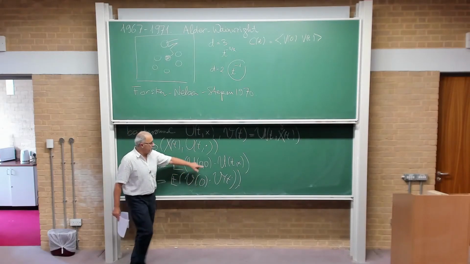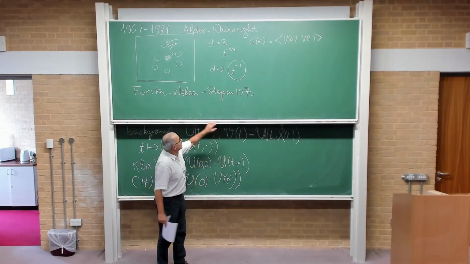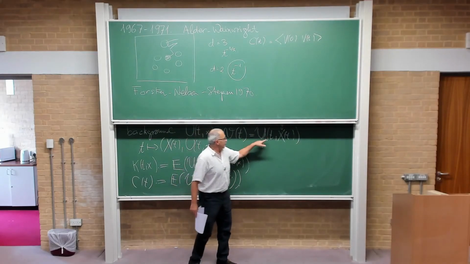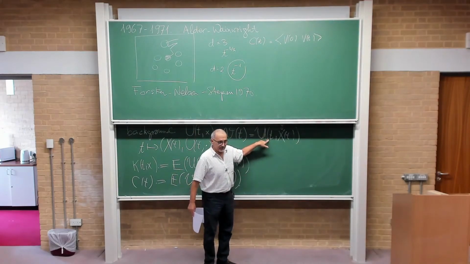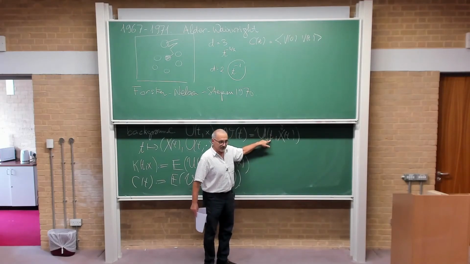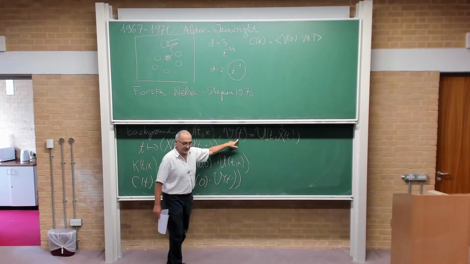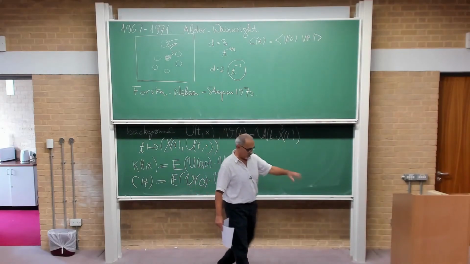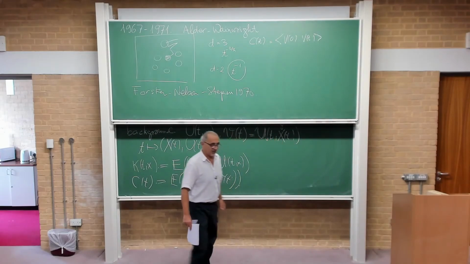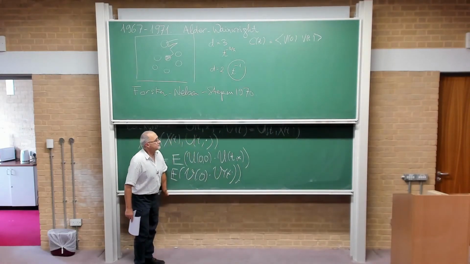I don't assume that U is stationary. Mind that V is defined like this. V can be stationary even if U is not a stationary process in time. So I don't assume stationarity neither in space nor in time of this field, but I assume stationarity in time of this guy. So as the particle goes around, as time goes on, it feels stochastically exactly the same type of things everywhere.